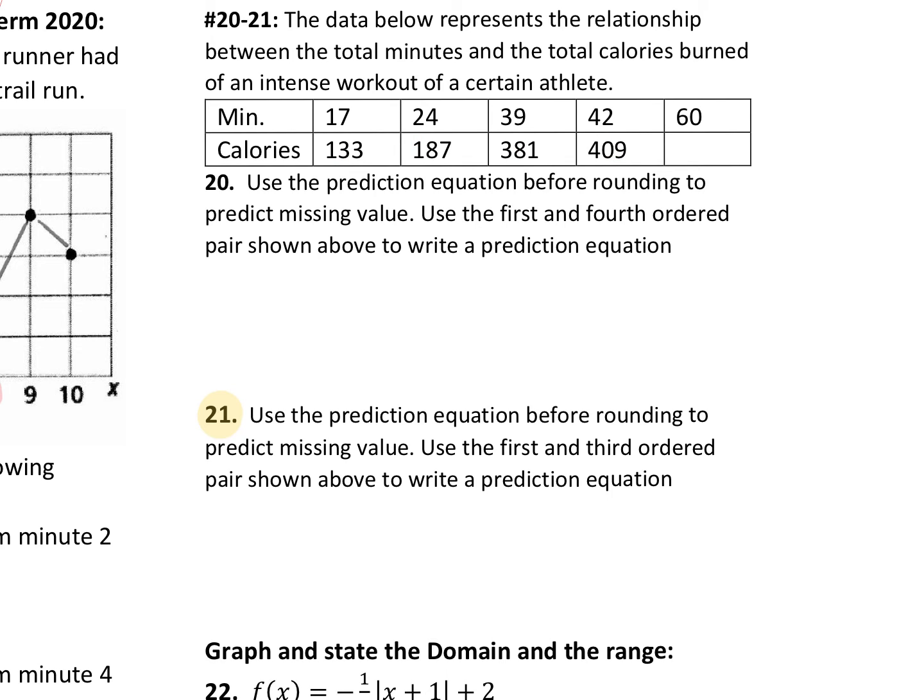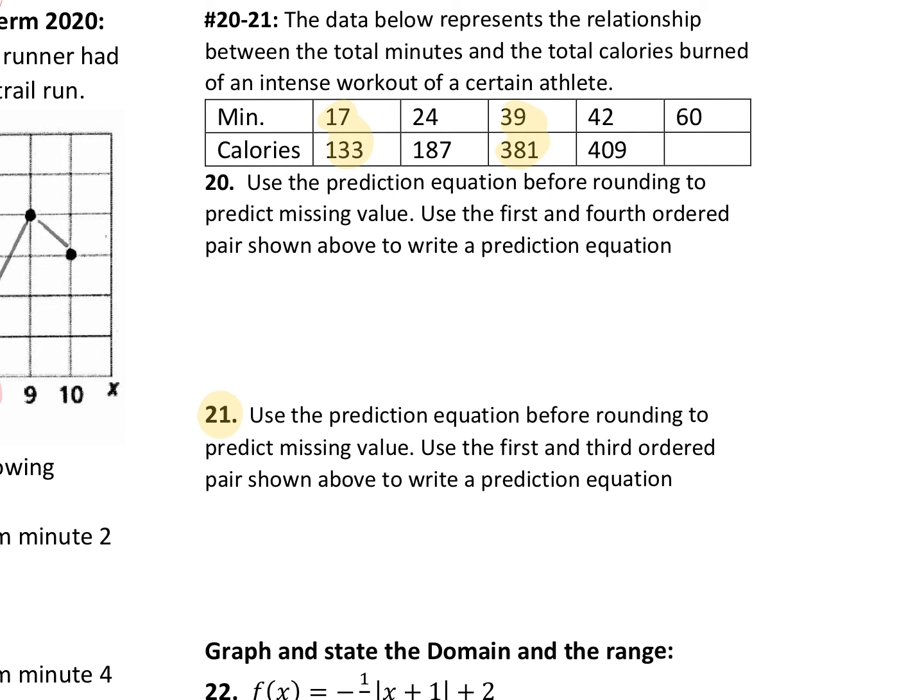It says to use a prediction equation before rounding the predicted missing value. We need to get a prediction equation, and they tell you to use the first and the third points on number 21. So here's the first one, and here's the third one.